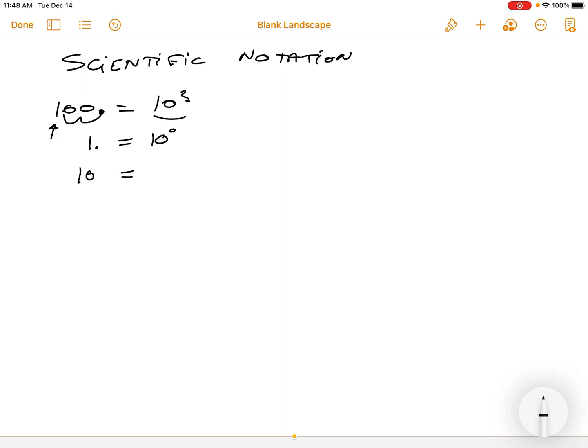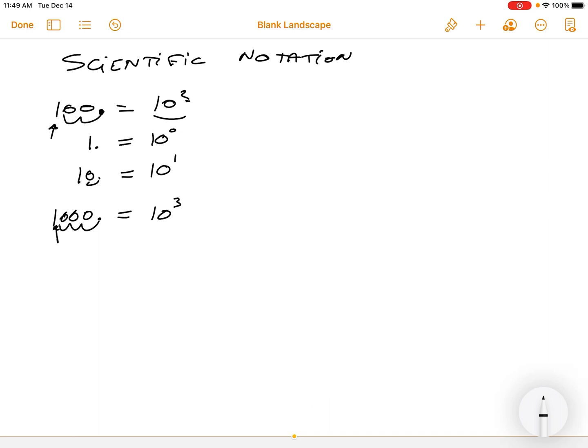For 10, there is 1 zero before the decimal, so this is 10 to the power of 1. And so on and so on. 1,000, for example, would be 10 to the power of 3, because from the decimal you have 1, 2, 3 zeros after the 1 here.